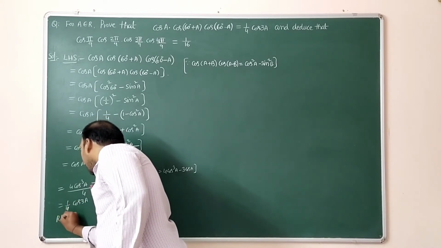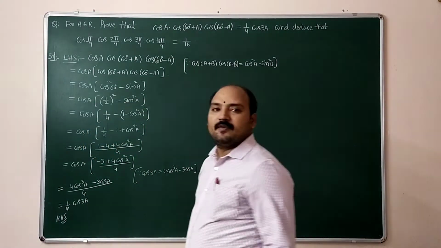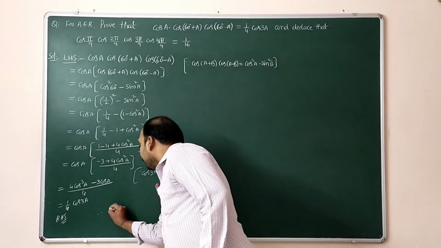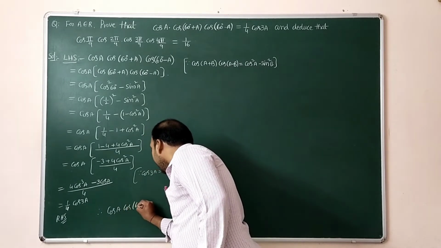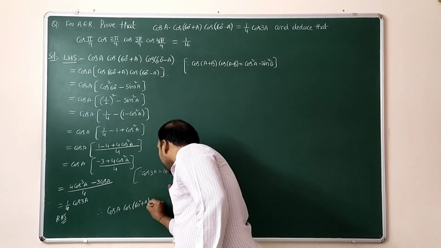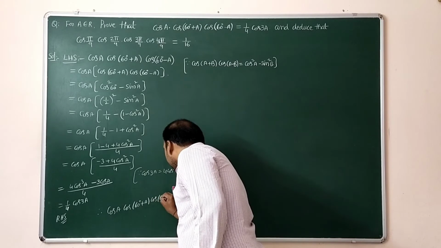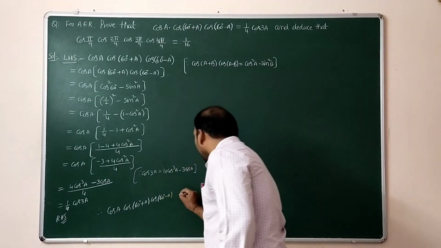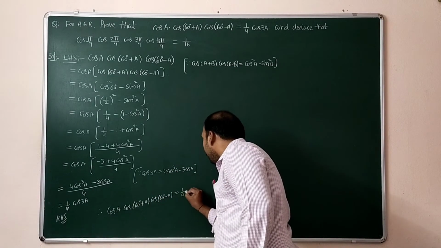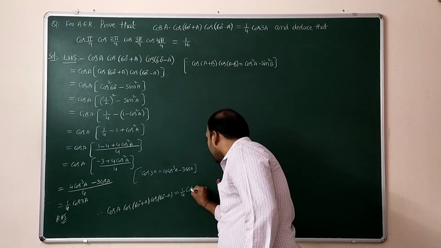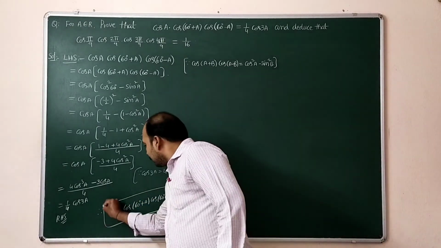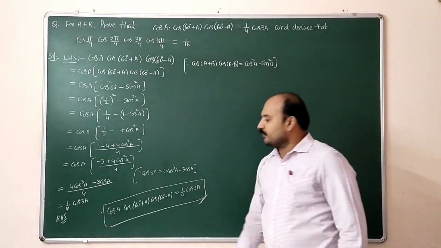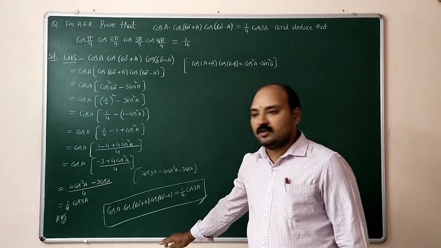This is the required RHS. Therefore, conclusion step: cos A into cos of 60 plus A into cos of 60 minus A is equal to 1 by 4 into cos 3A. Till here we got it.